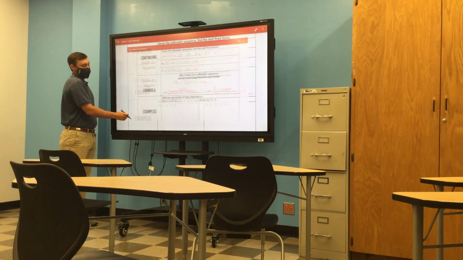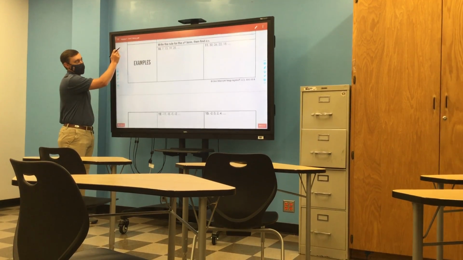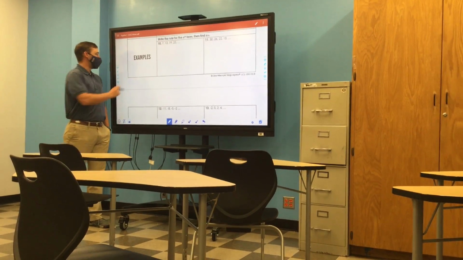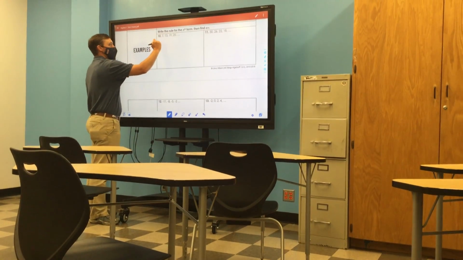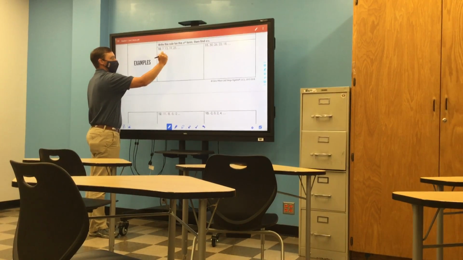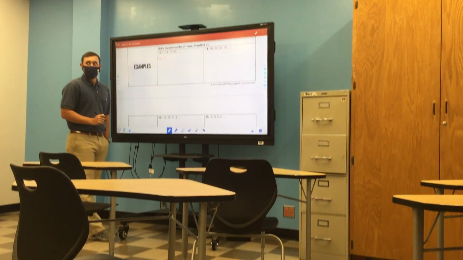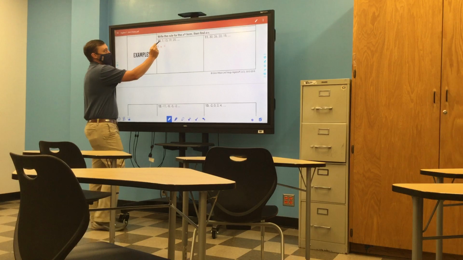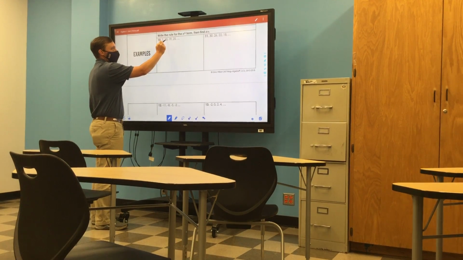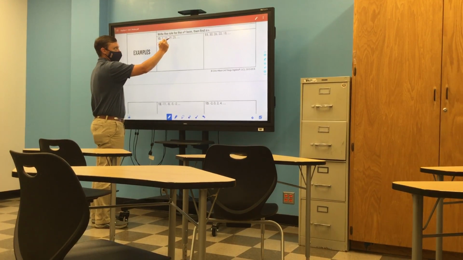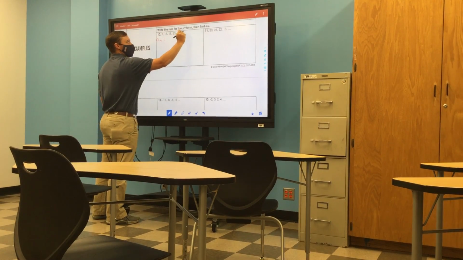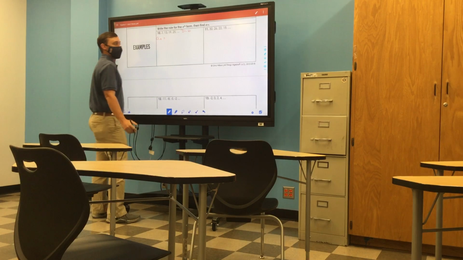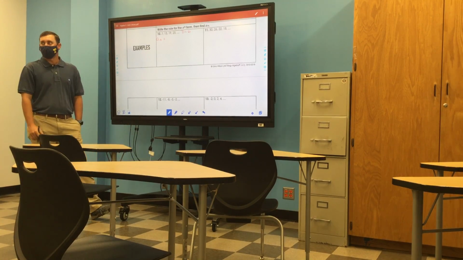Okay, so let's look. Our goal is to find the 19th term, a19. So your 19th term is going to be equal to whatever your difference is. 7 to 13 is 6, 13 to 19 is 6, 19 to 25 is 6. So our common difference is a positive 6.